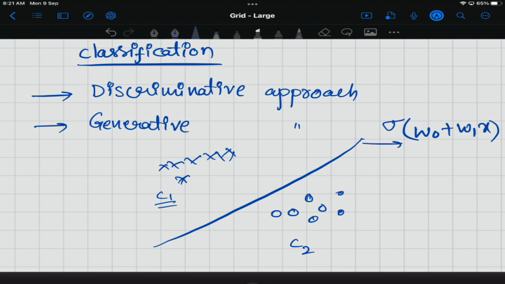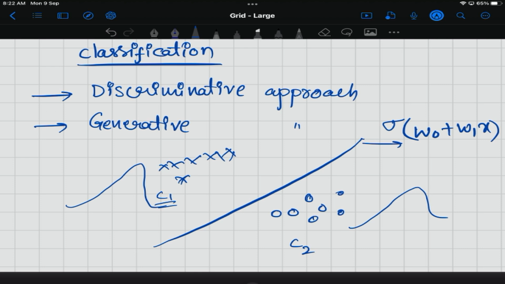When I say generated, definitely we need to deal with distribution functions. So in the generative approach, I'll try to estimate or model the distribution function for my class 1 and the distribution function for my class 2. If I know the distribution function which gave out my class 1 samples and which gave out my class 2 samples, I can make use of those distribution functions and solve my classification problem.